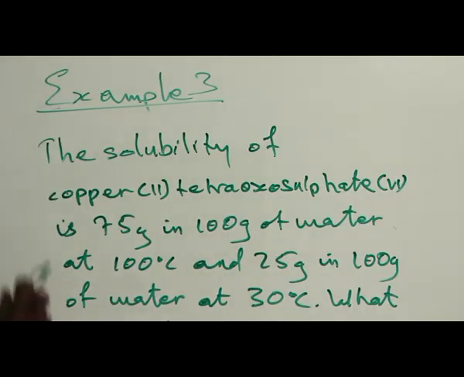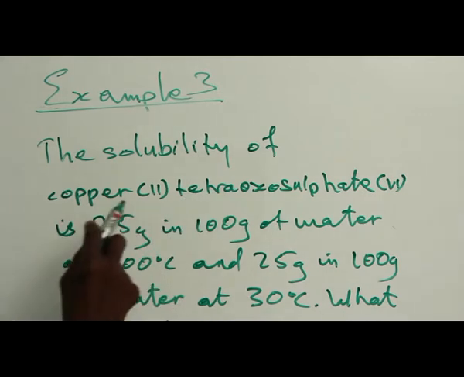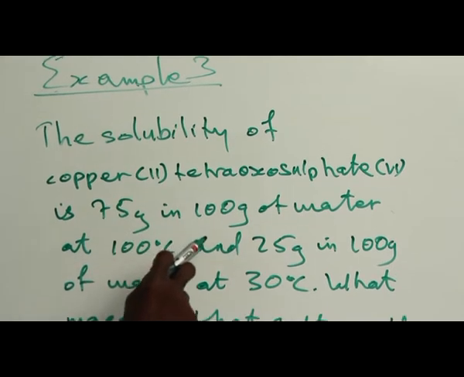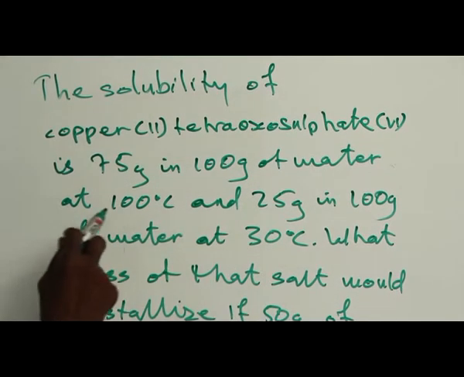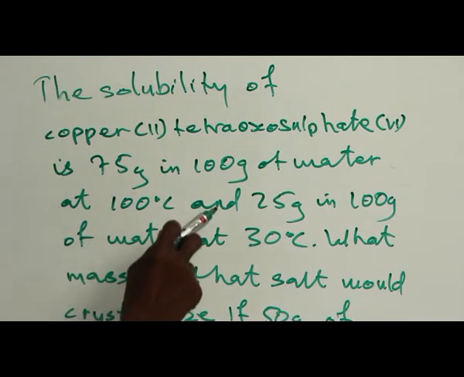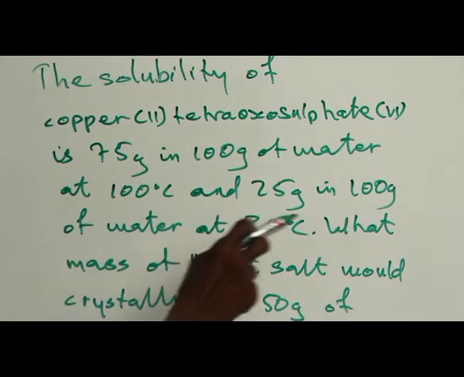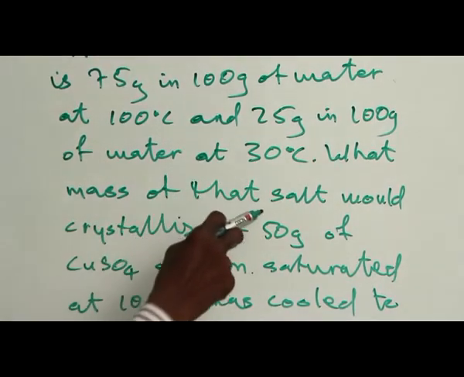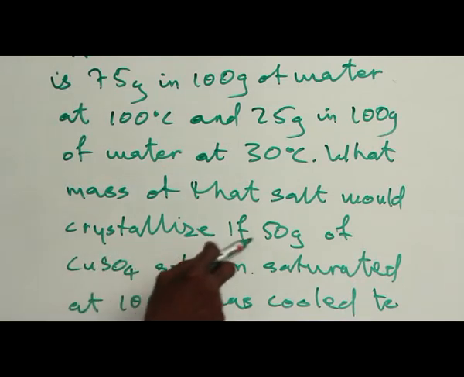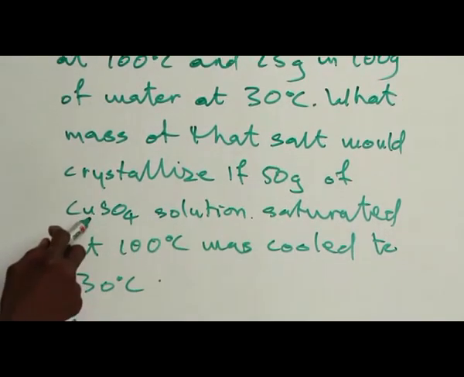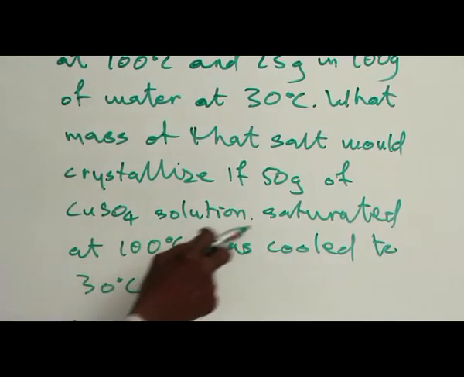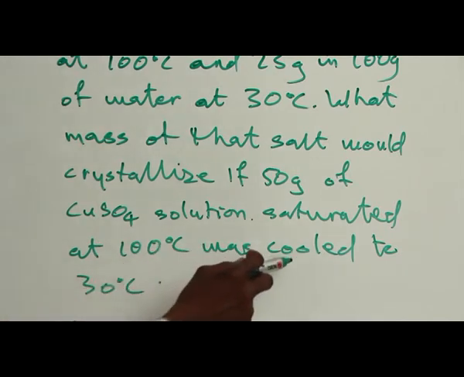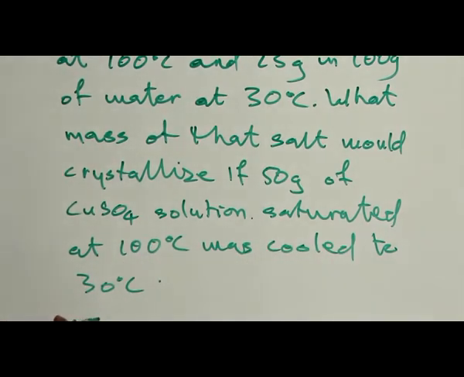Example 3. The solubility of copper(II) tetraoxosulphate(VI) is 75 grams in 100 grams of water at 100 degrees Celsius and 25 grams in 100 grams of water at 30 degrees Celsius. What mass of that salt will crystallize if 50 grams of copper(II) tetraoxosulphate(VI) solution saturated at 100 degrees Celsius was cooled to 30 degrees Celsius?